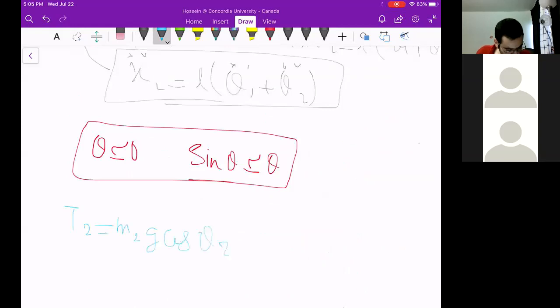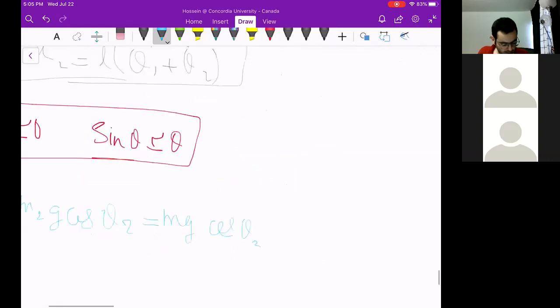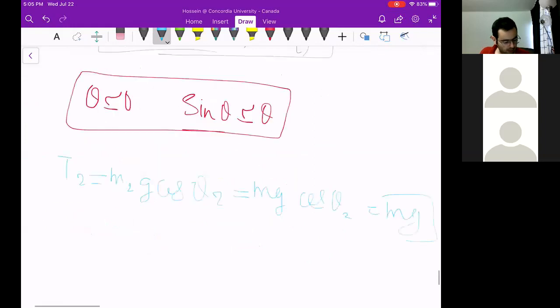Since theta 2 is very small, we could say that T2 is mg. Why? Because theta is very low, and there is no acceleration in the y or normal direction, so you could consider it as static.